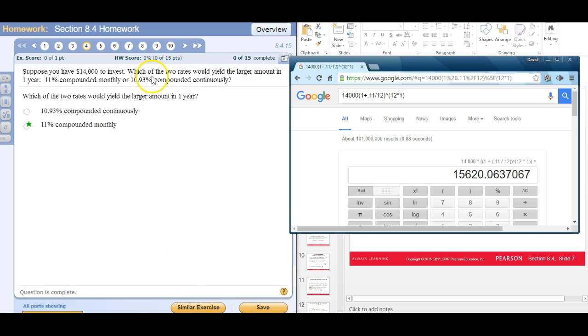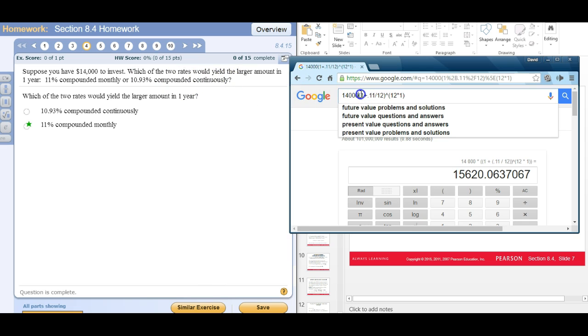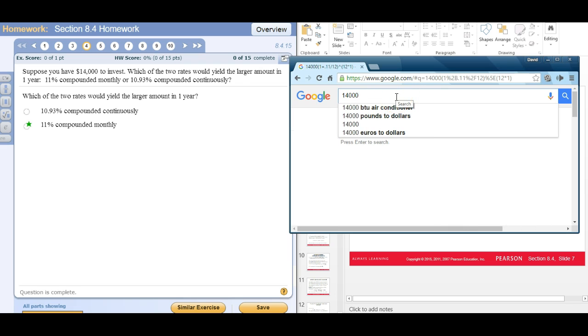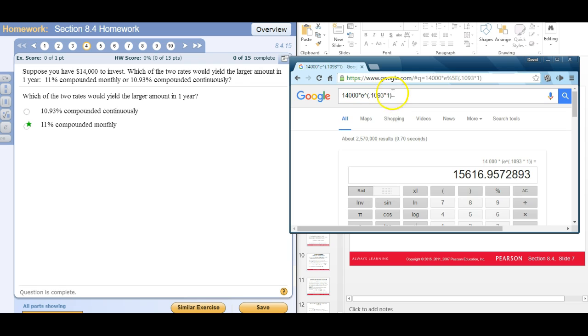Now remember, for continuous compounding, it's PERT, A equals PERT. So P, I'm going to hit Control X to get rid of that. P times E raised to the power of R times T. So R is 0.1093, that's R as a decimal, times T is 1 year. That's A equals PERT.